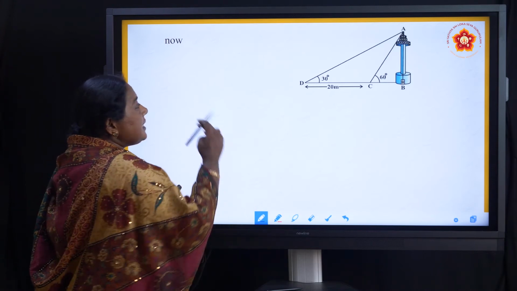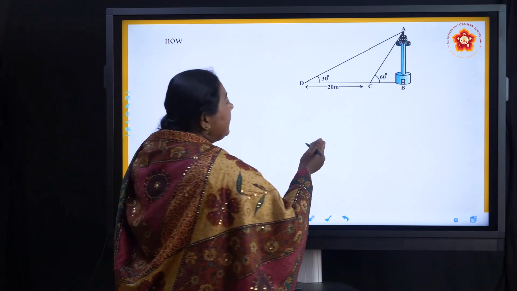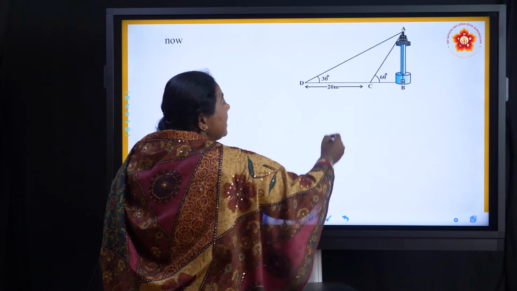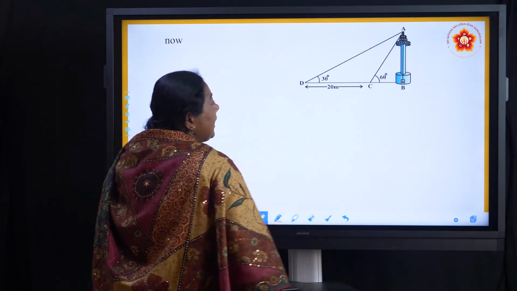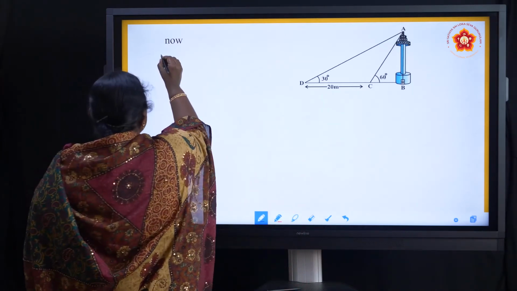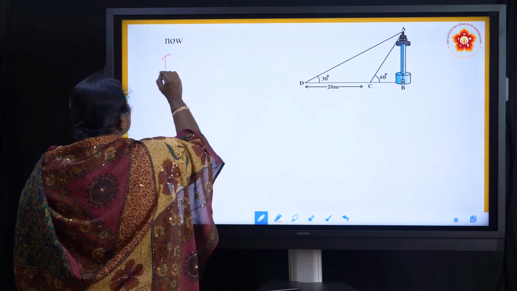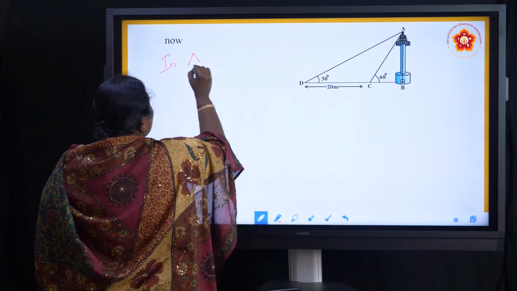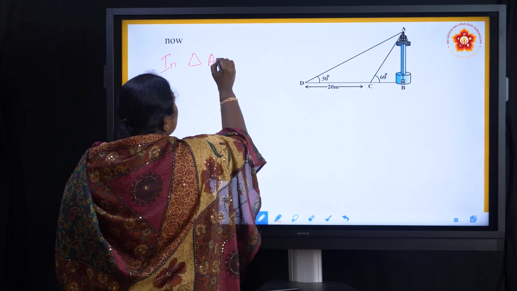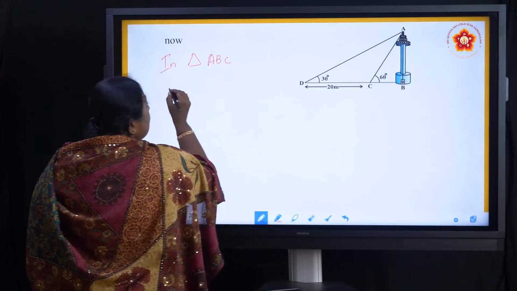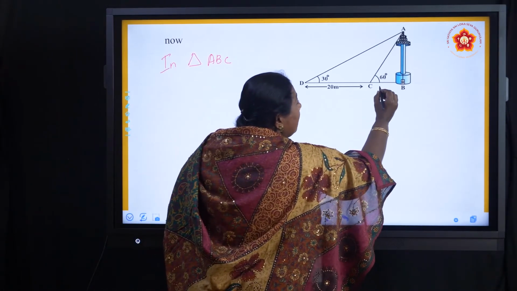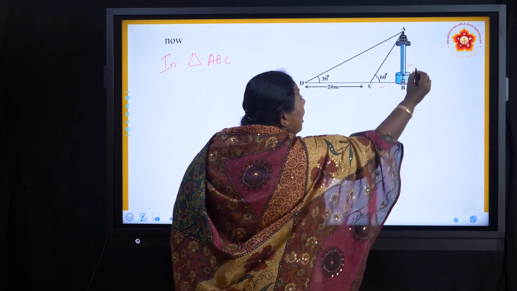So now let us take the triangles separately. Take triangle ABC and triangle ABD separately. In triangle ABC, who and who am I going to compare? I have to compare my adjacent side and my opposite side.